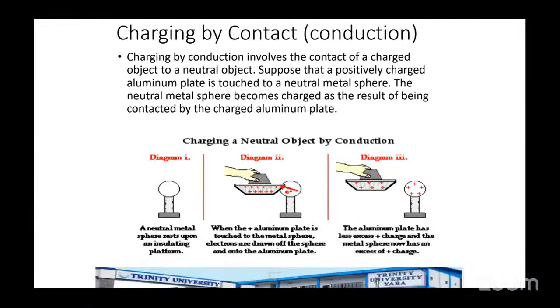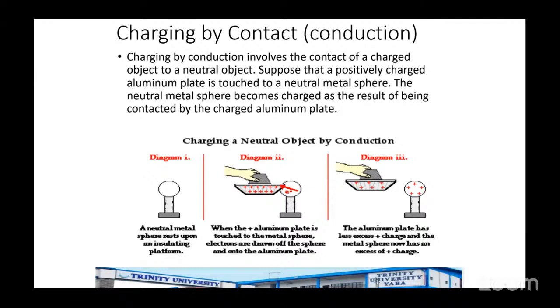Now, charging by contact. Charging by contact or conduction involves the contact of a charged object to a neutral object. When you want to charge an object, let's say the object is neutral, and you want to charge it positively.